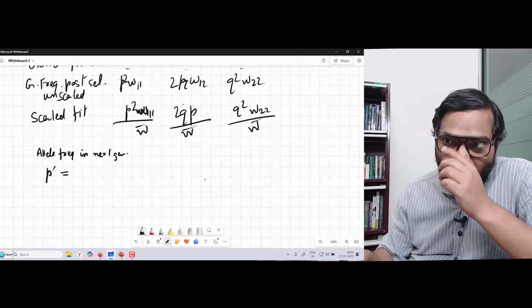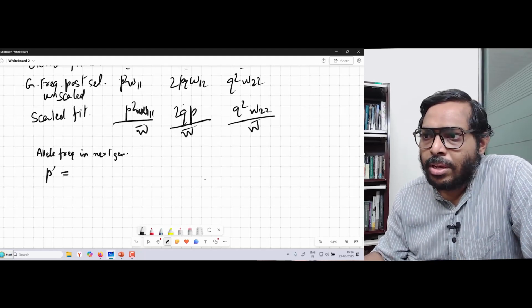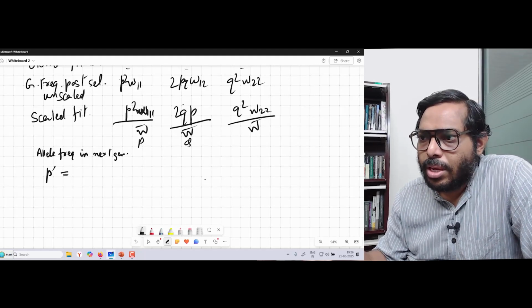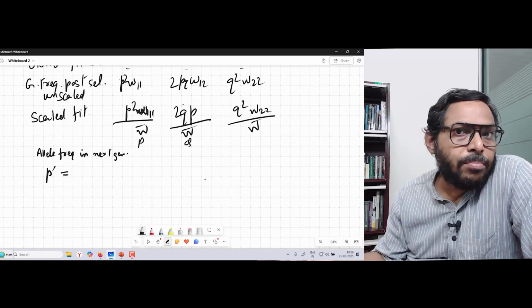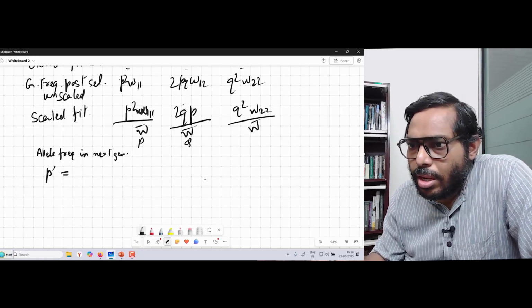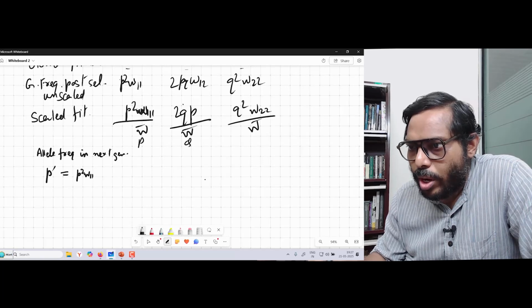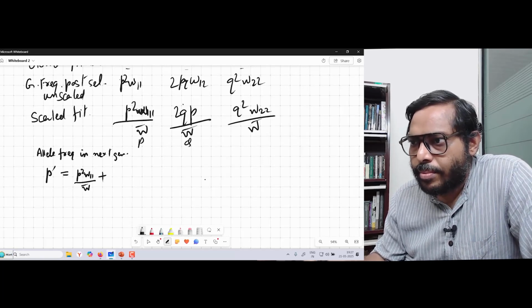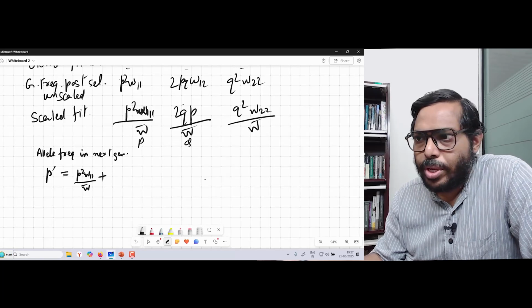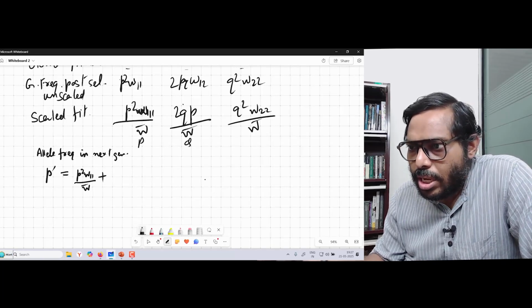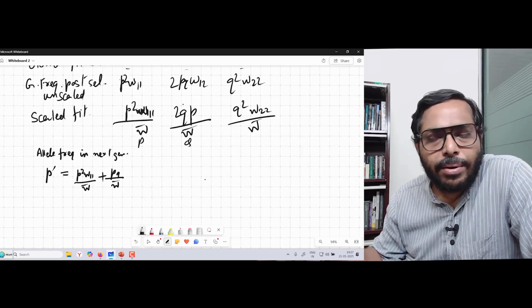How are you going to get it? Remember, this is my capital P, this is my capital Q, then P prime is simply P plus half Q. In other words, P prime is equal to P square W11 by W bar plus half of this 2PQ by W bar. In other words, I will write it as PQ by W bar.